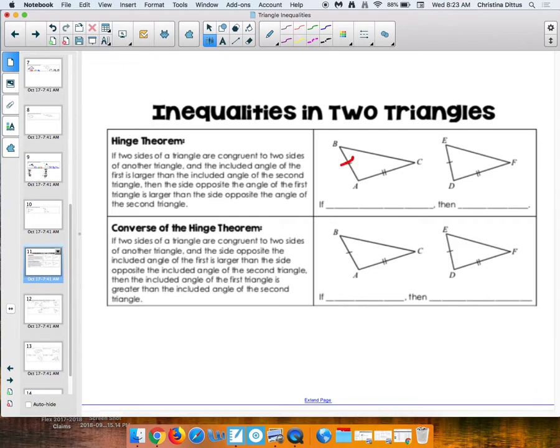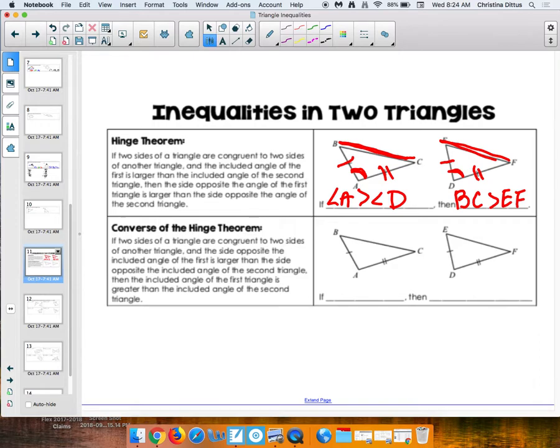If you have sides that are congruent, so one side matches with one side, another side matches with another side, and then if I say angle A is bigger than angle D, then I can say this side, BC, is bigger than the side EF. So basically, if everything else is the same, if I have a bigger angle, I have a bigger side.